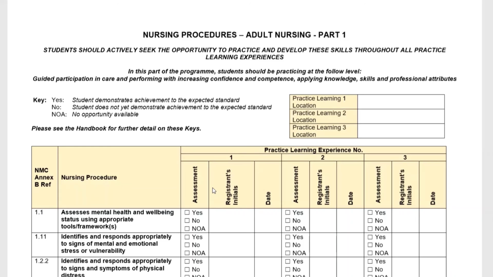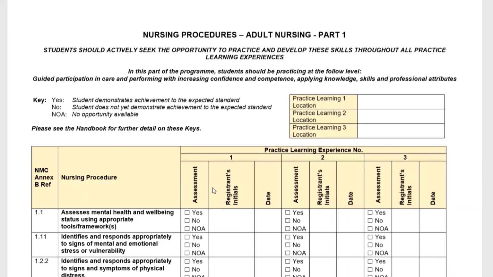And if you're saying no opportunity available, that means that there was no way that you could simulate or undertake that procedure in that environment, and so it was not possible to make an assessment of the student's abilities in that regard. Simulation, etc. must be considered before no opportunity available is ticked off. So every student will have every one of these procedures assessed for every practice learning experience.